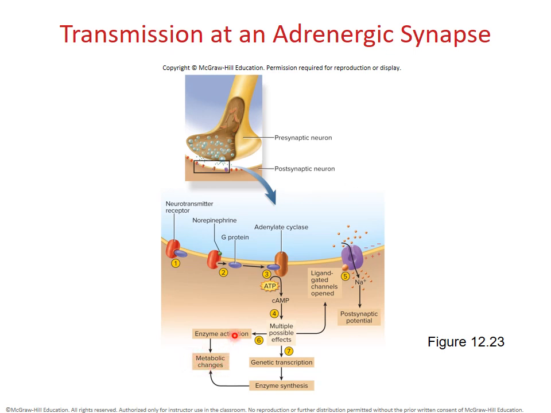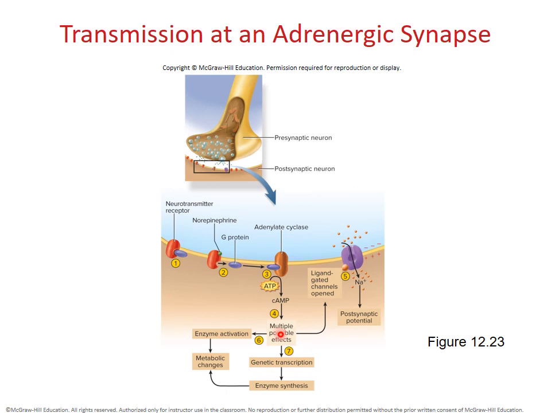It might be, for instance, triggering enzymes that lead to the creation of a hormone. So if this postsynaptic cell, say, is a glandular cell instead of a neuron, this may be how norepinephrine will stimulate that gland to secrete its hormones.